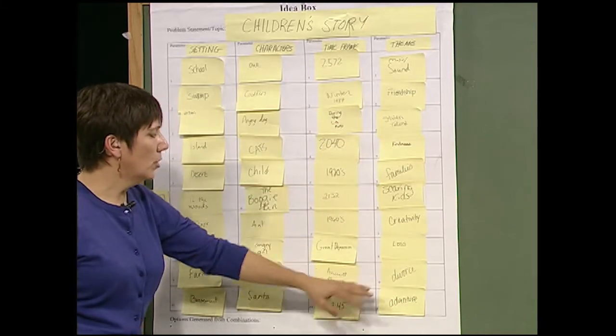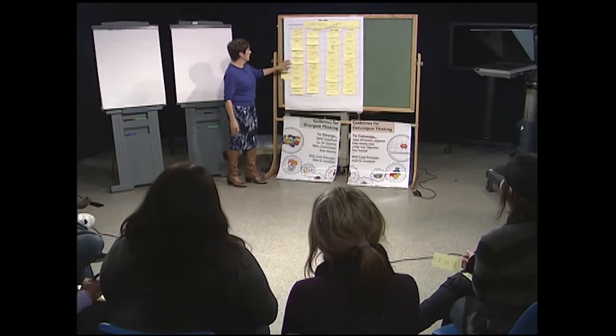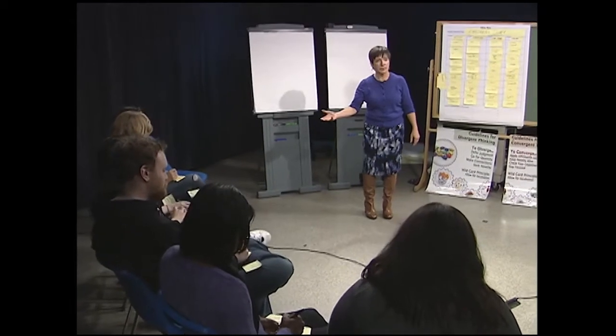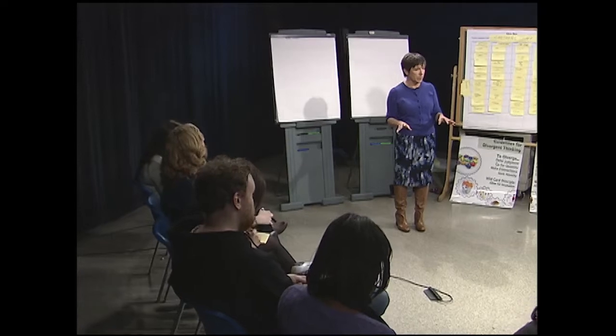Divorce. It could be as simple as this. Tell me your four, what are the four categories now? The ant is on the island in the year 2572, and the poor thing is divorced. So it can be as simple as a literal translation like that, or it can be a little bit more. So look at your numbers.